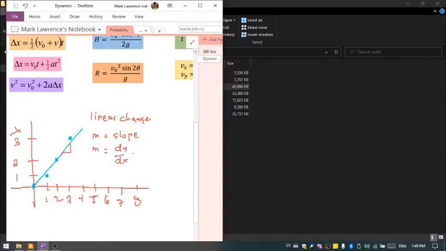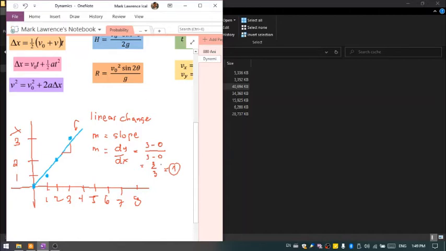For example, to find the slope of this line, our last is 3 and our initial is 0, and also our last is 3 seconds and the initial is 0 seconds. So we have 3 over 3, and that's 1.